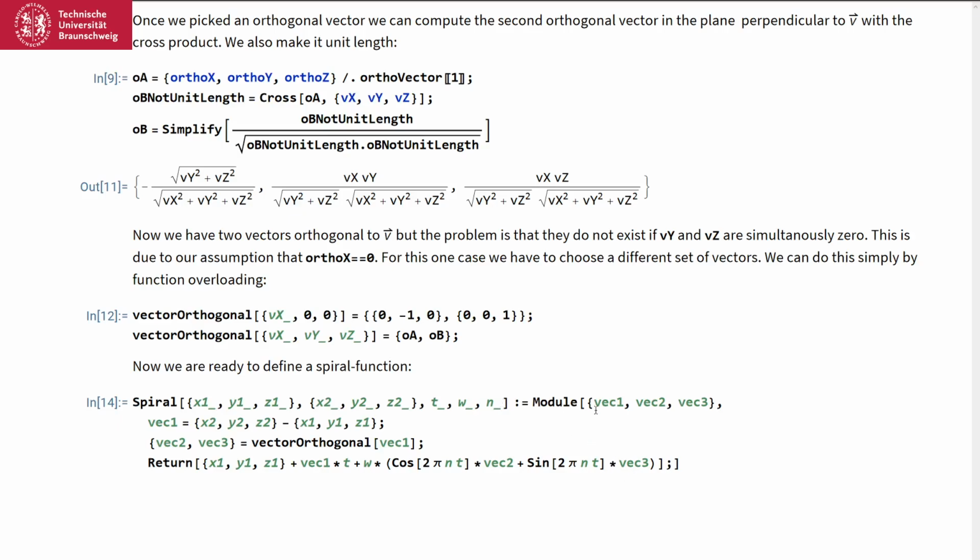So, and then do you remember what we said about module? About the list. No. So what is module doing?